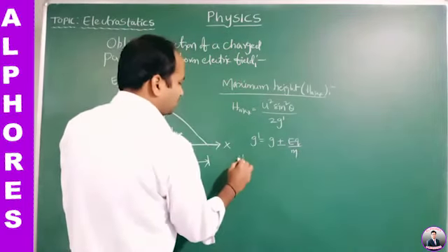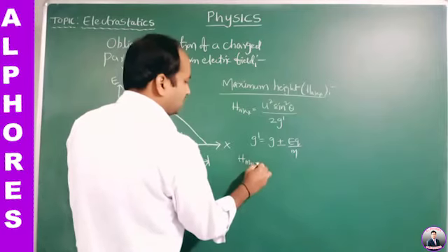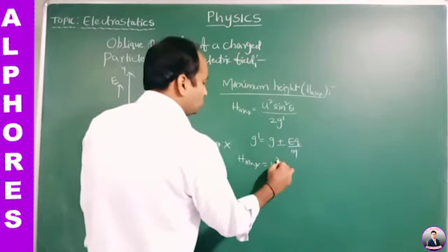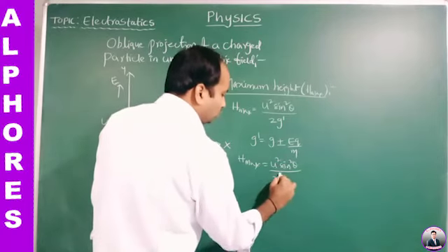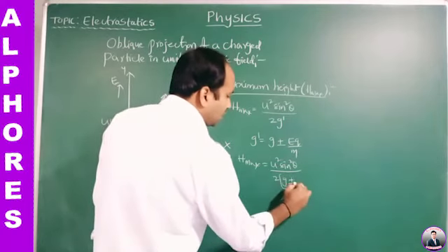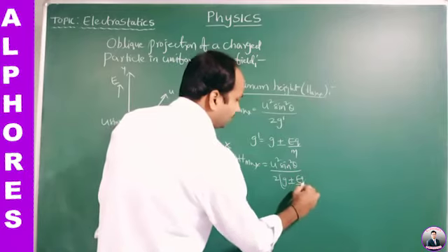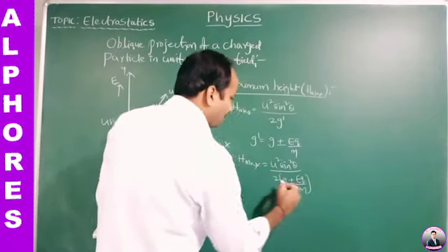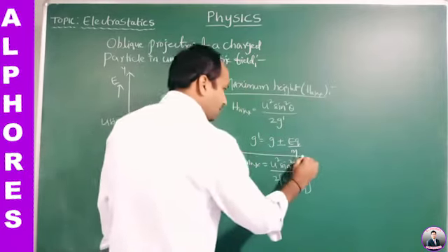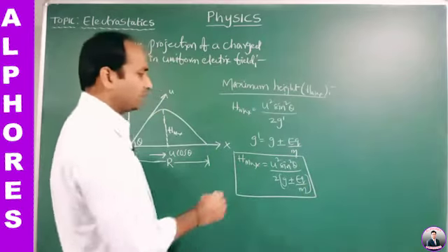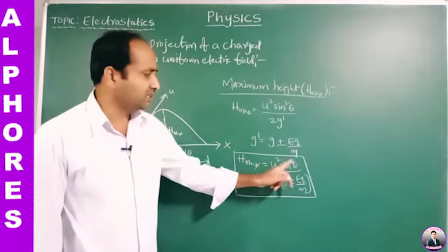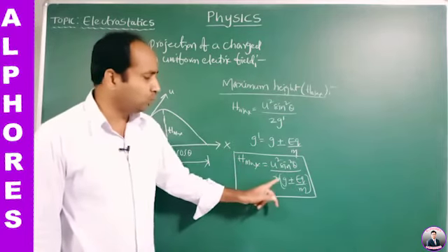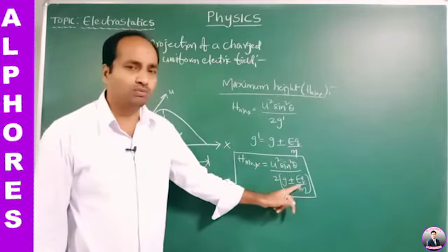Then what is the expression for H max here? H max is equal to u square sin square theta by 2 of g plus or minus eq by m.